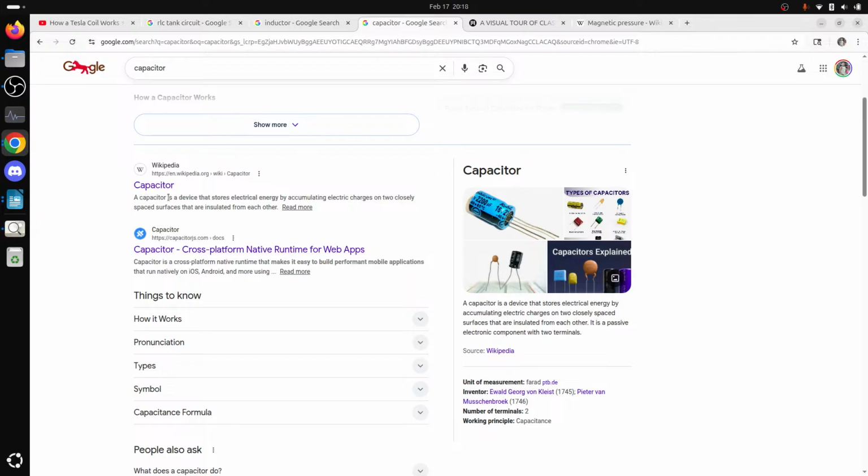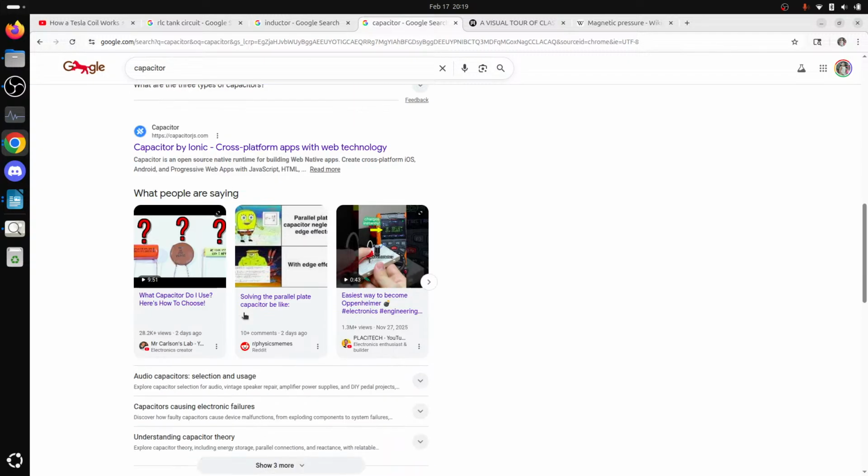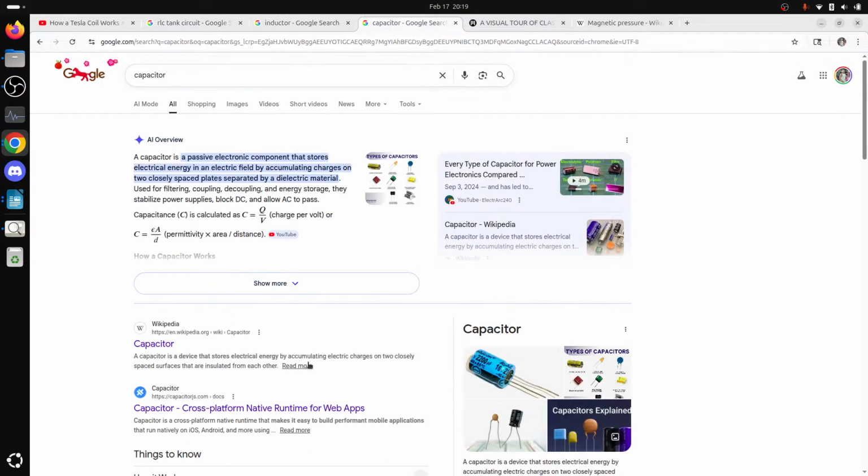Capacitor, what does it say? It stores electrical energy. Basically, it's like a battery. The way they're put together is 2 closely spaced conductors, typically metal plates, separated by a dielectric, usually air. There's other materials used as the dielectric, but air is what's typically used.